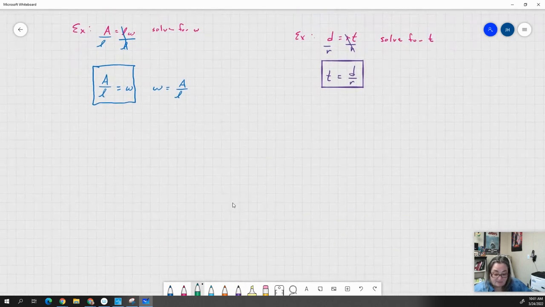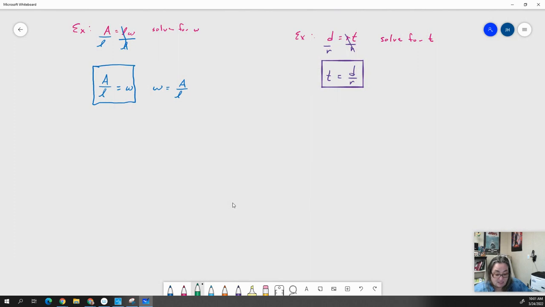What if I have something like m equals c minus s, and we want to solve that for c? That means we are going to want to undo everything that's being done to c.